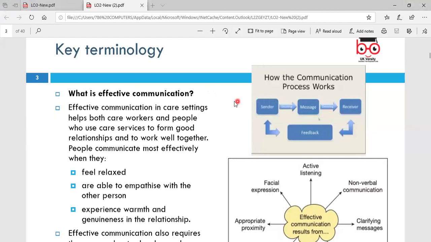There's a sender who sends a message, and this message is encoded. The sender sends a coded message to the receiver. The receiver then decodes this message, and in a way it shows what the receiver has actually perceived through the message.